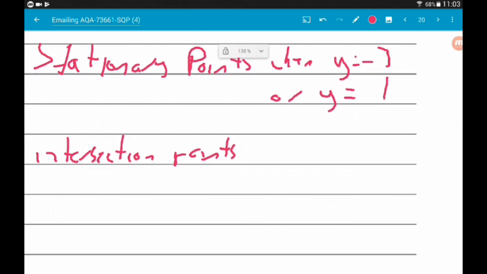So there are no intersection points for y between -3 and 1.